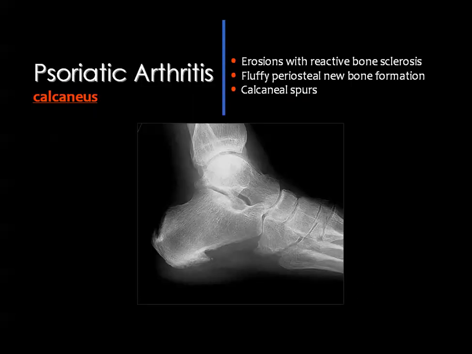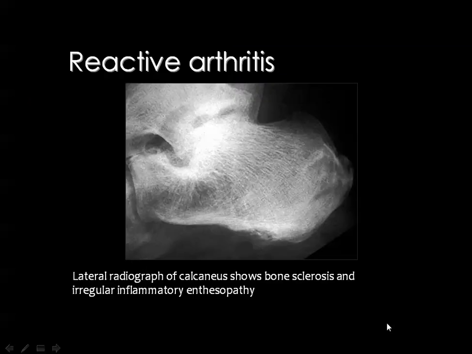And in the calcaneus, you get erosion with reactive bone sclerosis. You get fluffy periosteal new bone formation and calcaneal spur. And this calcaneal spur, as well as the periosteal new bone formation, are also seen in cases of Reiter syndrome, but you still remember that the differential diagnosis will depend mainly on the clinical manifestations of the specific disease in other parts of the body.